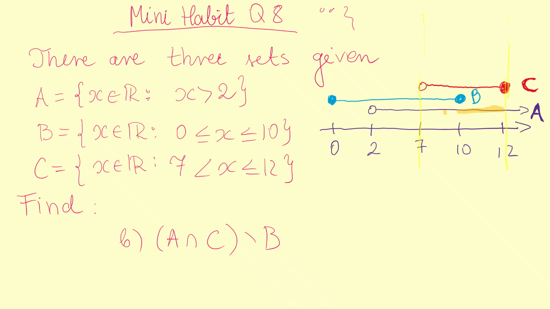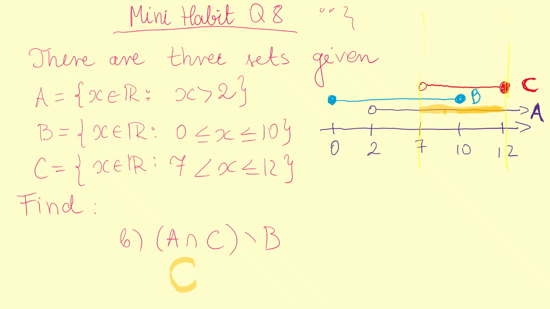This is the overlapping bit. So what we can say is that the intersection of A and C is set C, obviously paying attention to the details here: excluded 7, included 12.